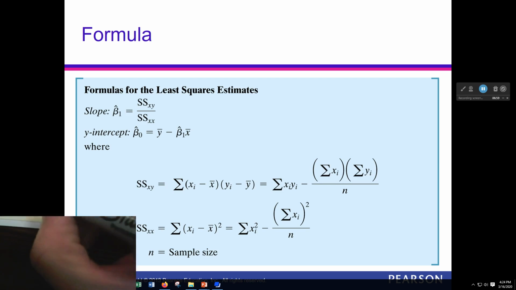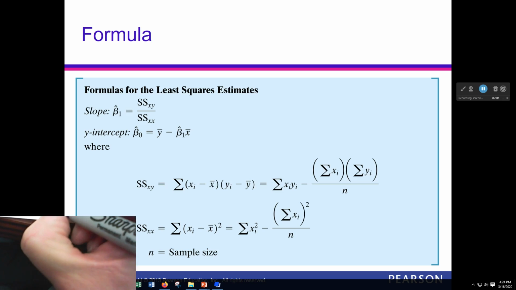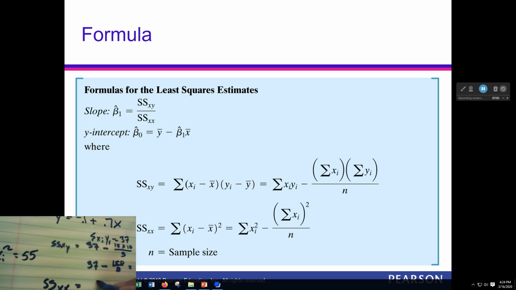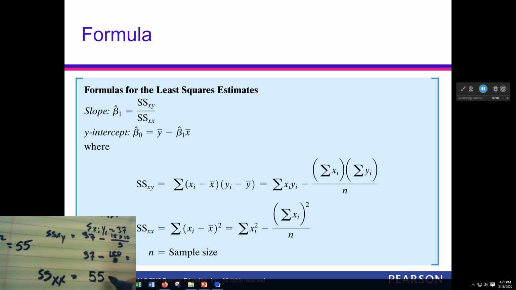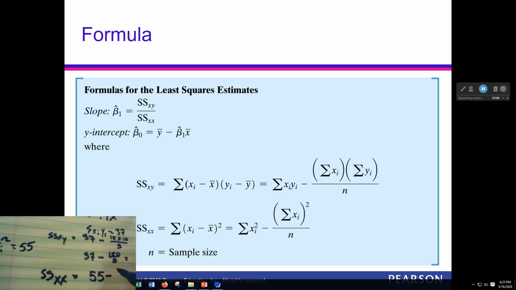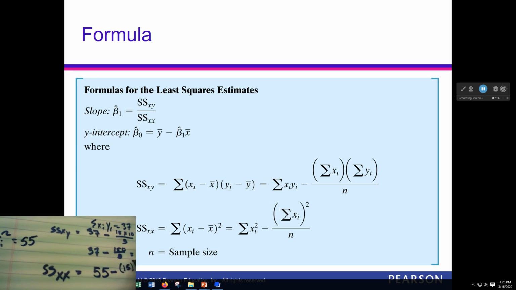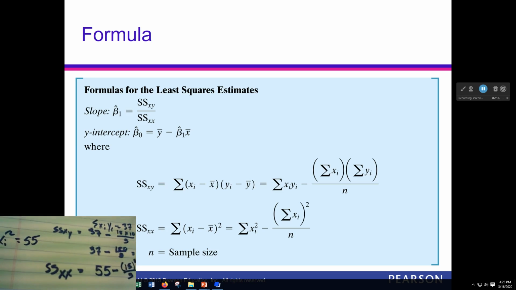So SSXX is equal to 55 minus 15 squared over 5.